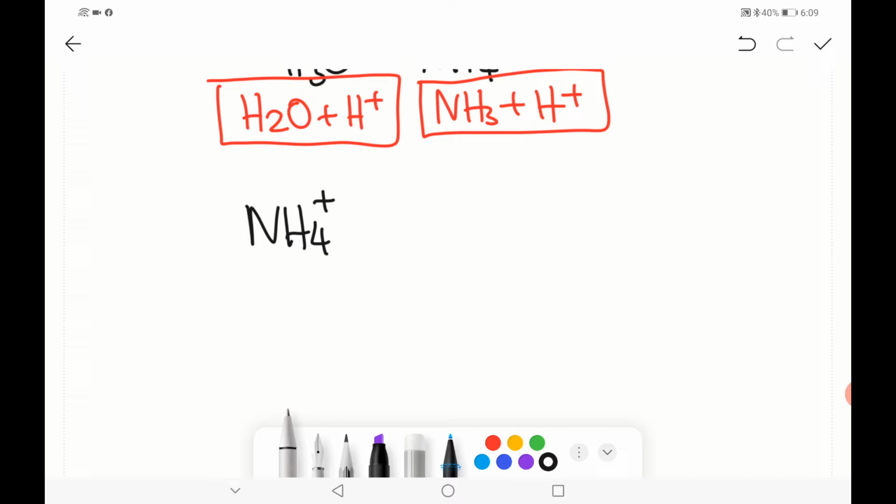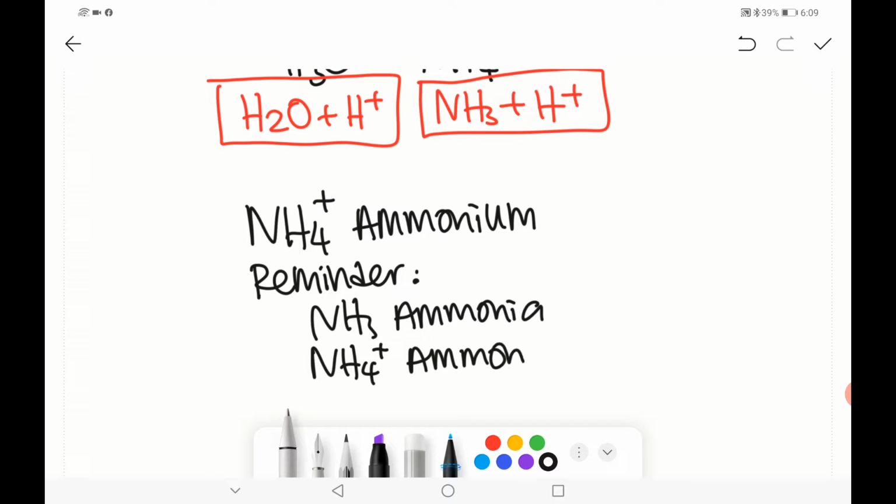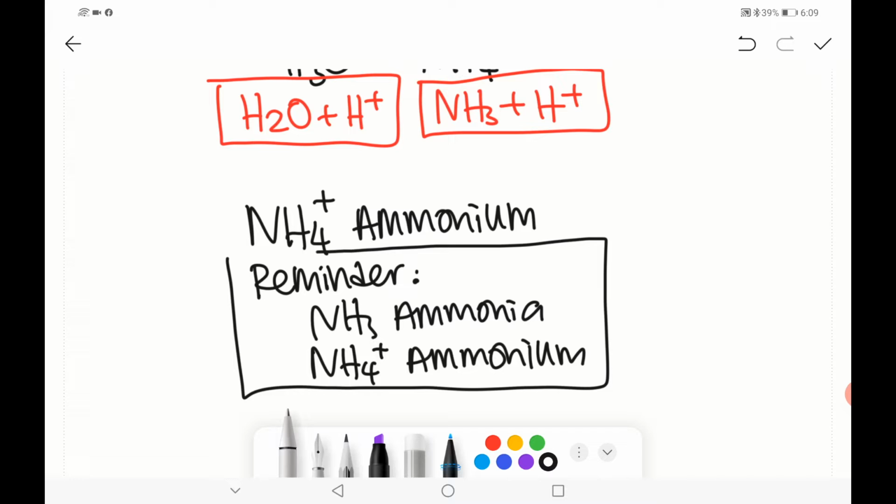NH4+ is called ammonium. Please allow me a very quick reminder: if we have NH3, we call it ammonia. If we have NH4+, we call it ammonium. Don't mix up ammonia and ammonium.